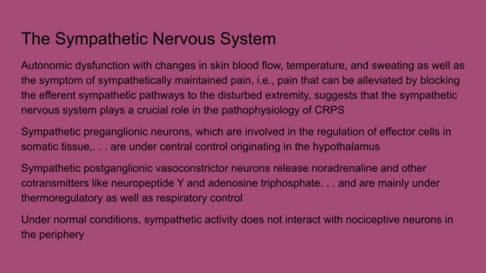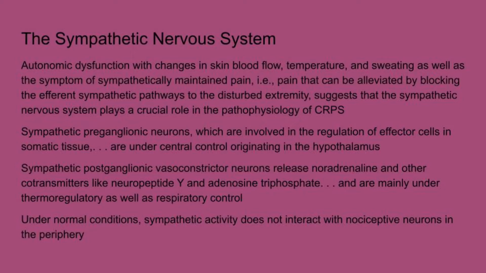Let's talk a little bit about normal conditions. Sympathetic preganglionic neurons, which are the neurons that run from the central nervous system to the ganglia, which is a bundle of nerves, kind of think of it like a relay station, which is involved in the regulation of effector cells in somatic tissue, the actual like muscle contraction, are under central control originating in the hypothalamus.